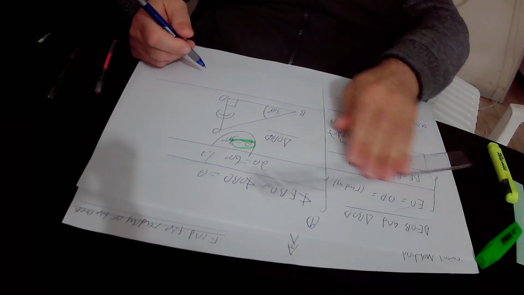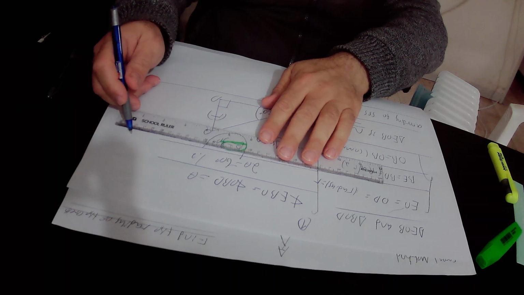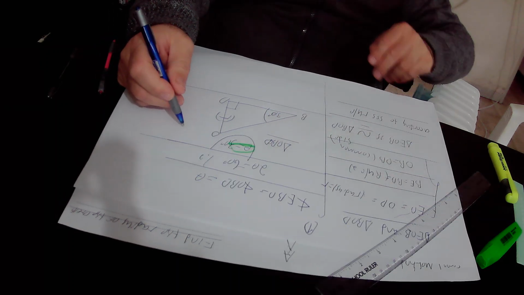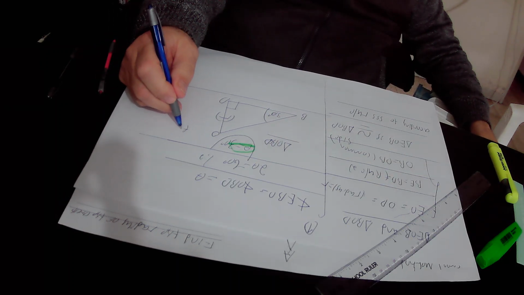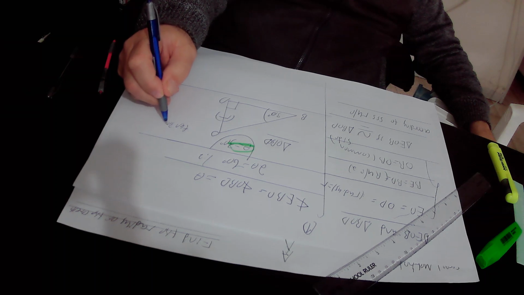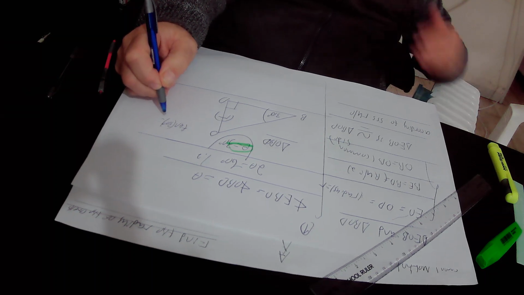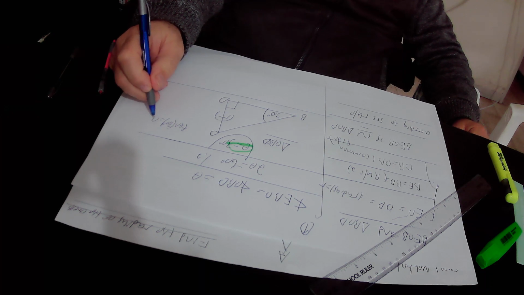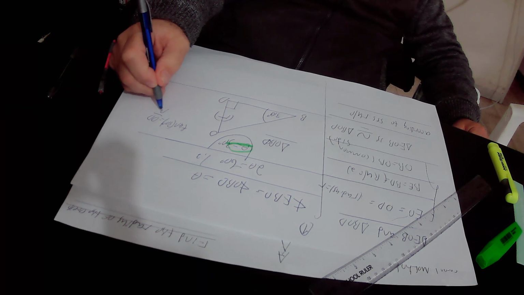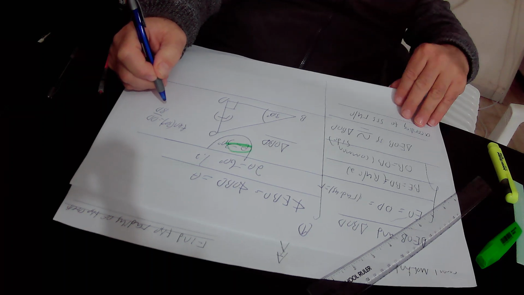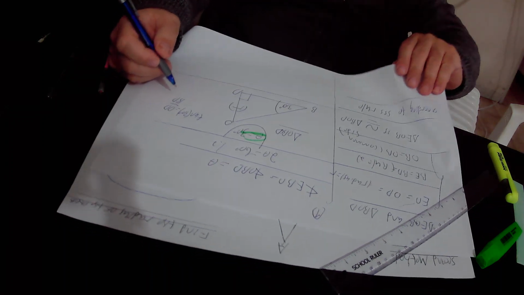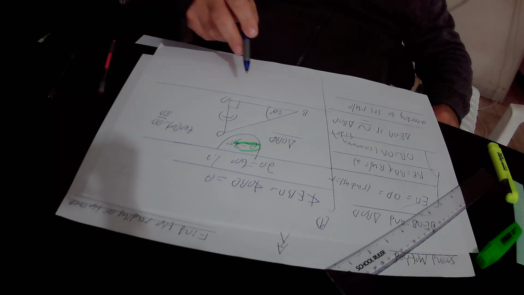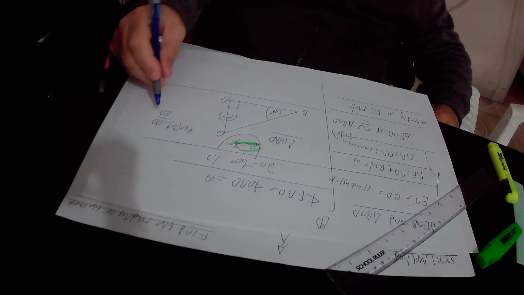In this right triangle OBD, tangent 30 degrees equals OD over BD. Again, tangent 30 degrees equals OD over BD.